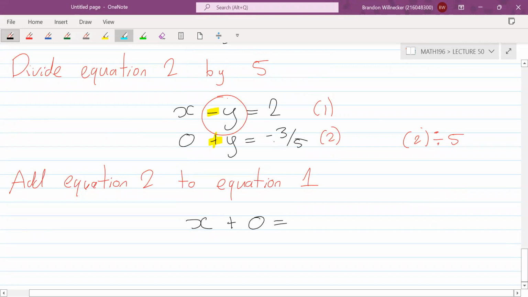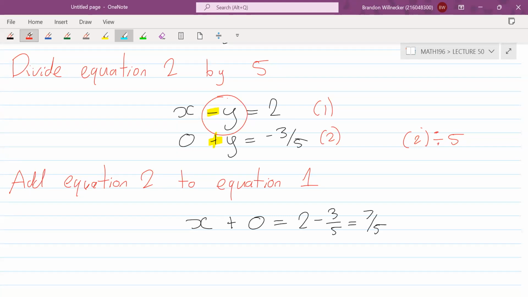And then 2 minus 3 over 5. Okay, that's going to be, so we can write that 2 minus 3 over 5. That's going to be 7 over 5. Okay, that's our new equation 1.